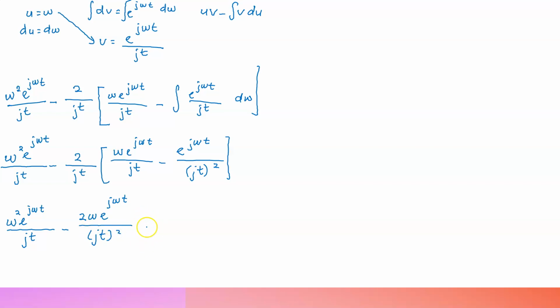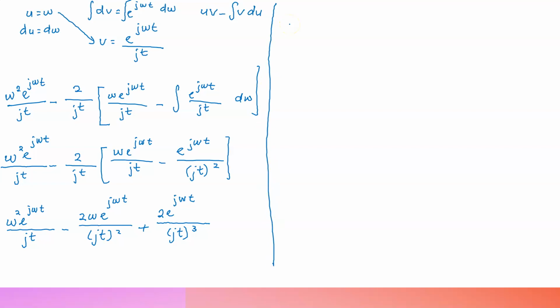And this one, minus with minus, will be plus 2e^(j omega t) over (jt) cube. So if I make the denominator equal, let me just draw a line here.